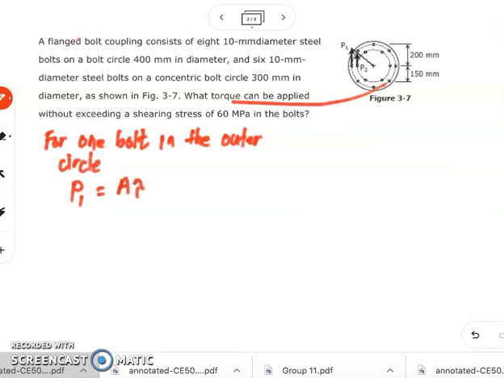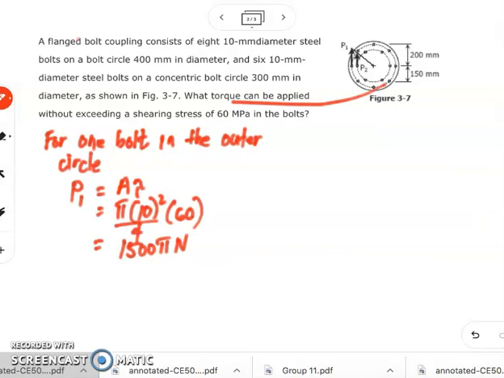If we substitute, we have pi, the diameter of the bolt in the outer circle is 10. So pi d squared all over 4 times our allowable shearing stress on the outer circle, which is 60. This is equivalent to 1,500 pi Newton. So that is the shearing force of one bolt in the outer circle.